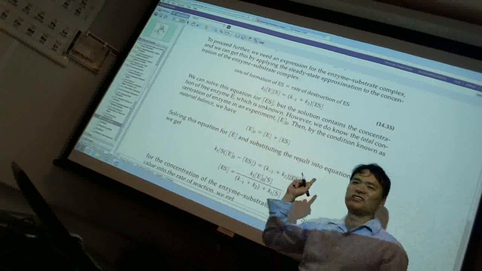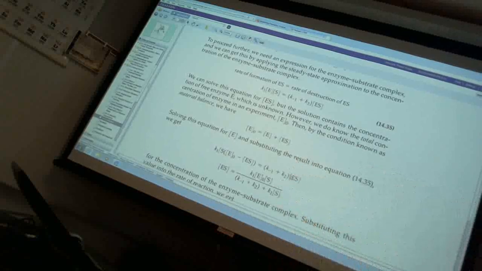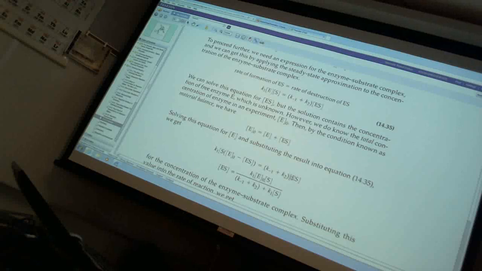And then we substitute this into that. Actually, now substitute this into this here.